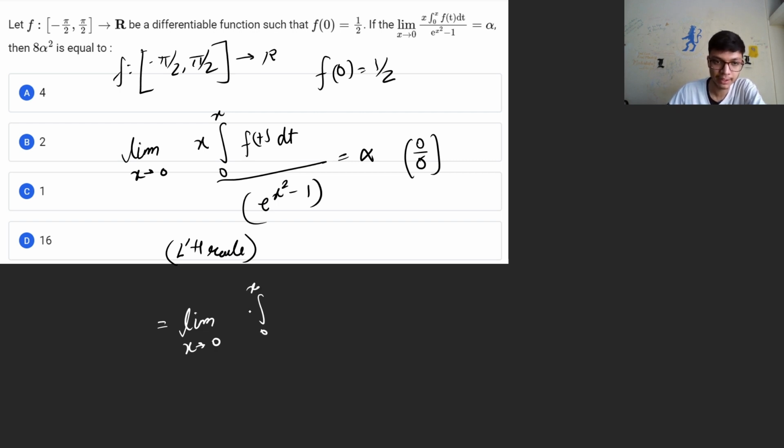So firstly I will differentiate x, keeping the other term constant, and then I will differentiate the other term, that is going to be x into f of x into 1, and whole divided by e to the power x square into 2x.